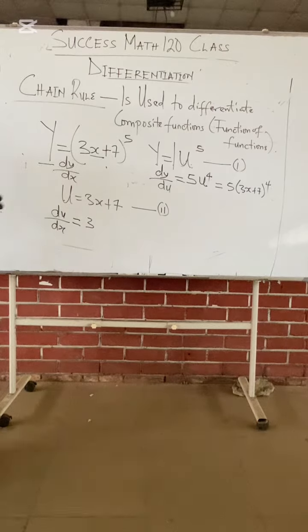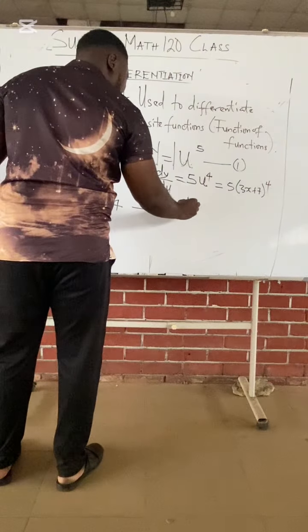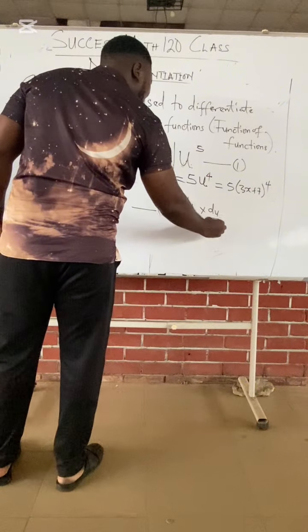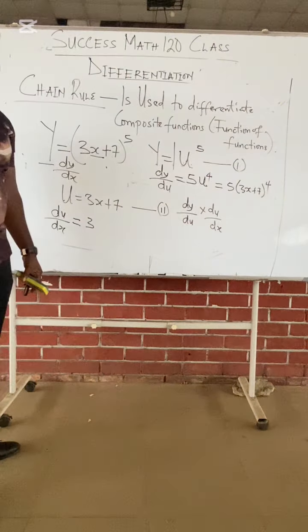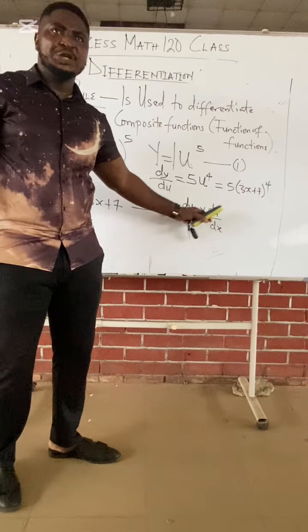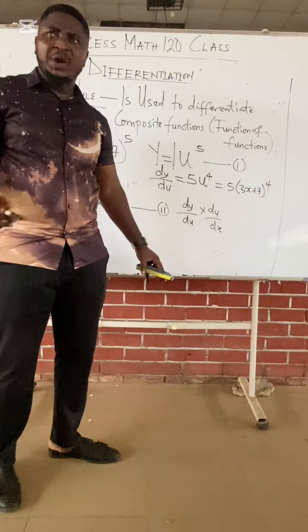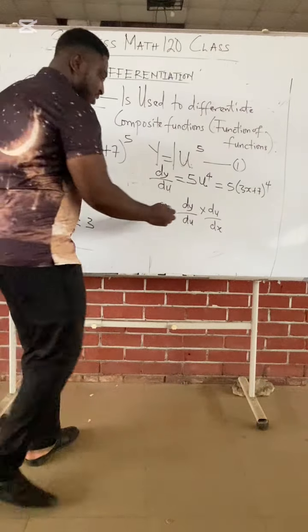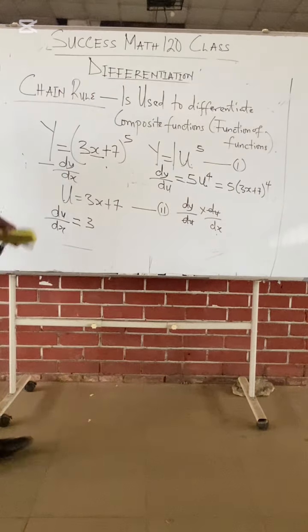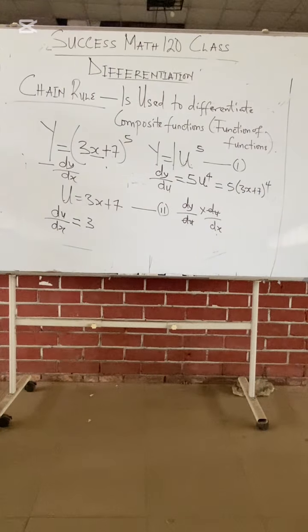Class, if we multiply dy/du by du/dx, we're going to have dy/dx. The du cancels du, and what's left is dy/dx. So dy/du times du/dx is dy/dx.